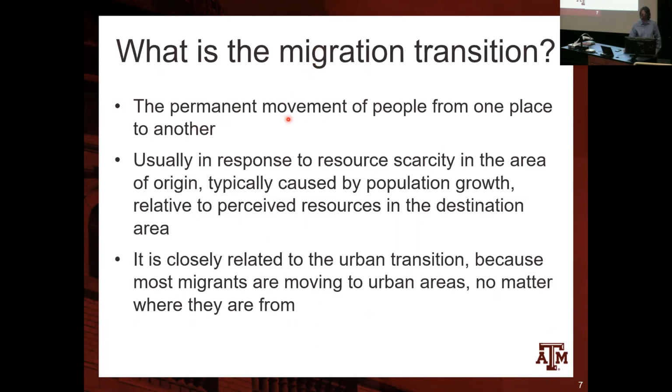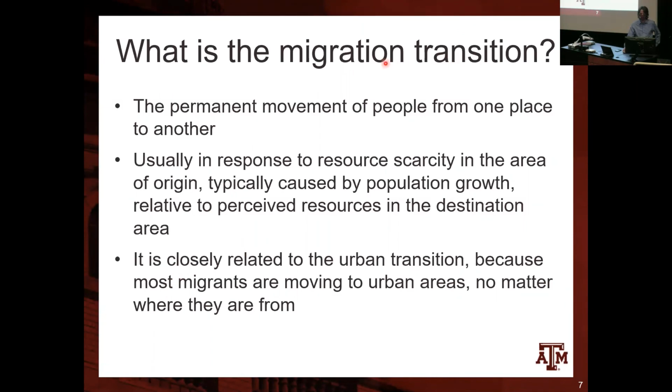The permanent movement of people from one place to another usually happens as a response to resource scarcity in the area of origin, typically caused by population growth, leaving relatively fewer resources, and people move to other areas.